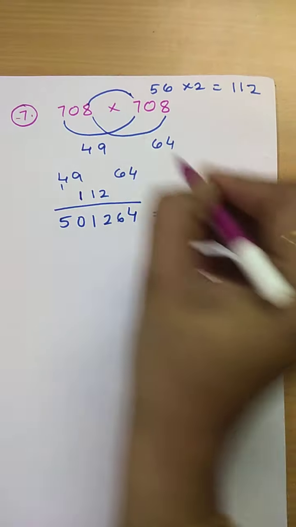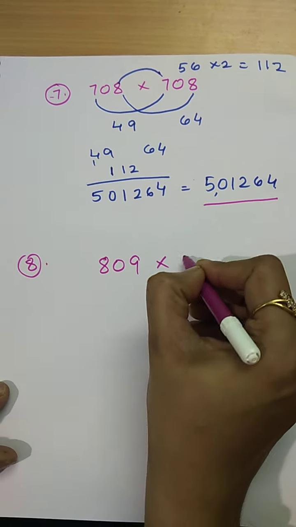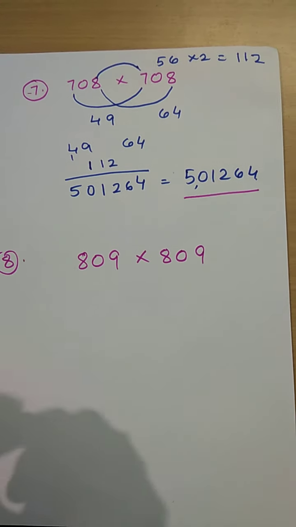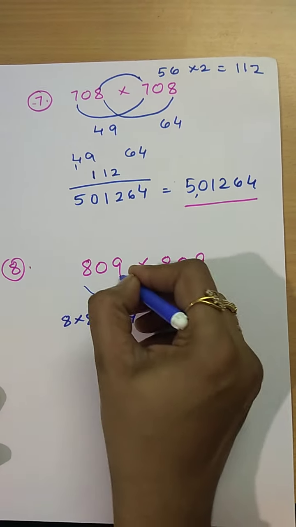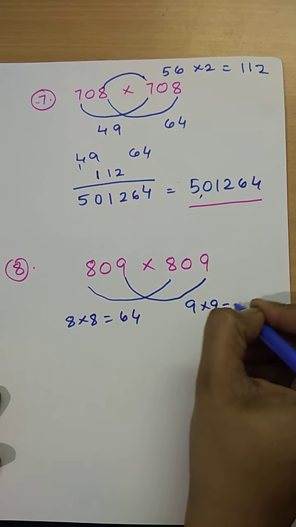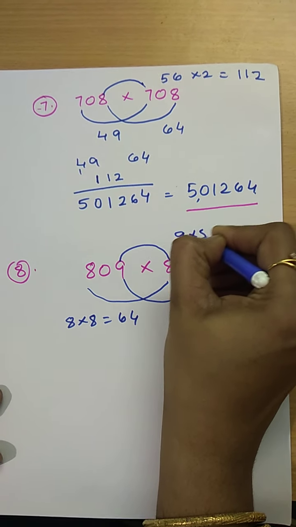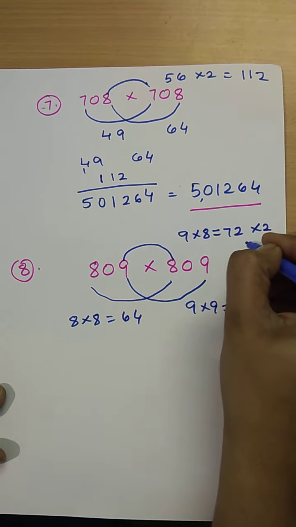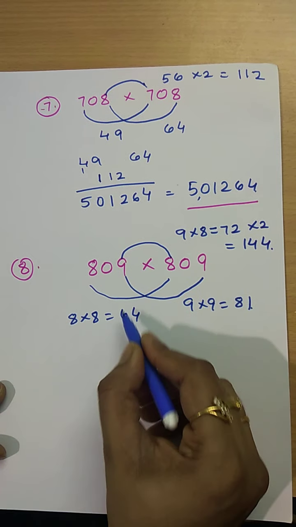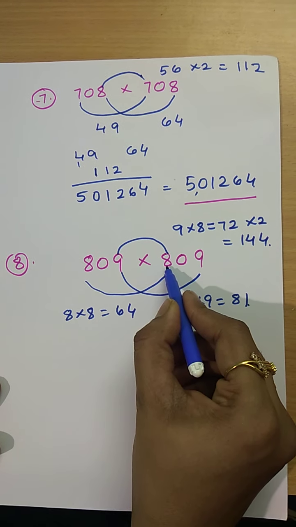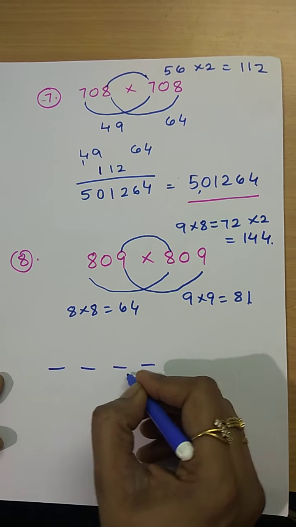Next, this was the 7th question; now the 8th question: 809 into 809. 8 8s are 64. 9 9s are 81. 9 8s are 72, into 2 is equal to 144. 6 digits should come.